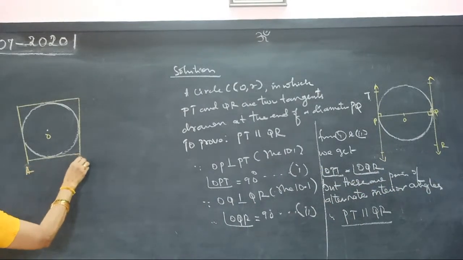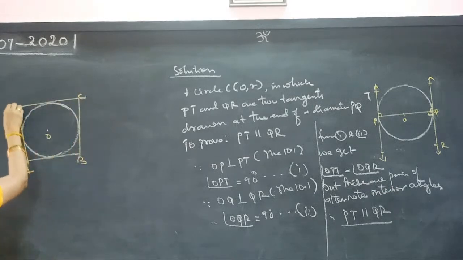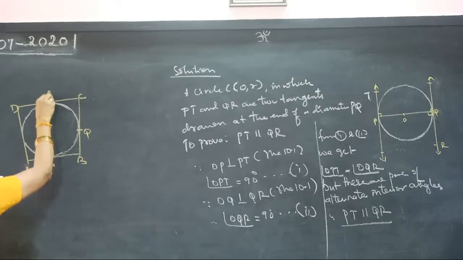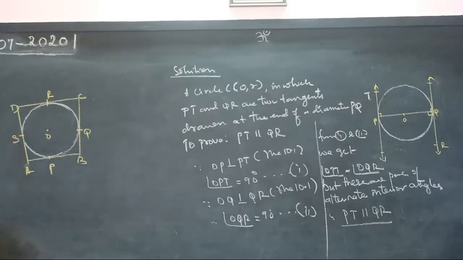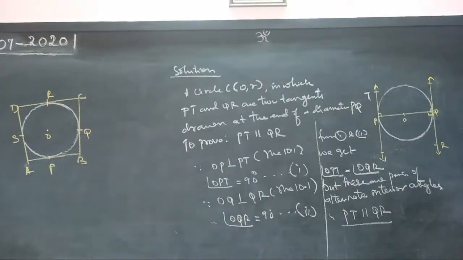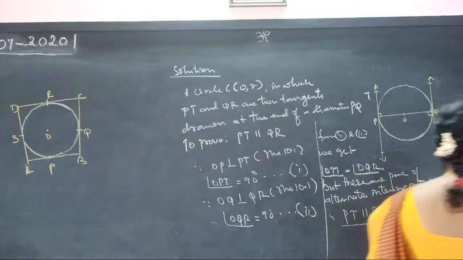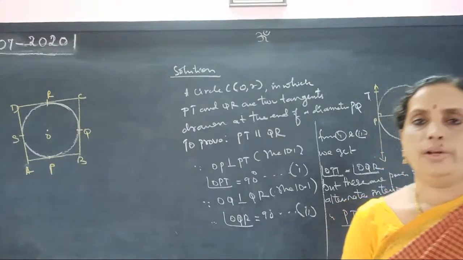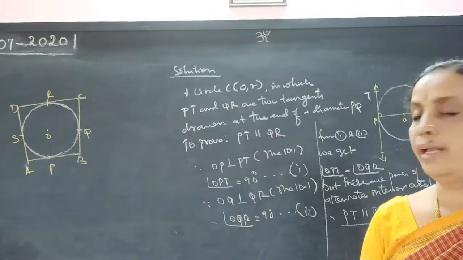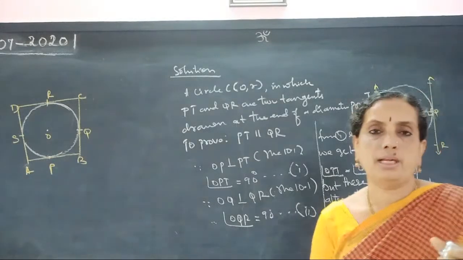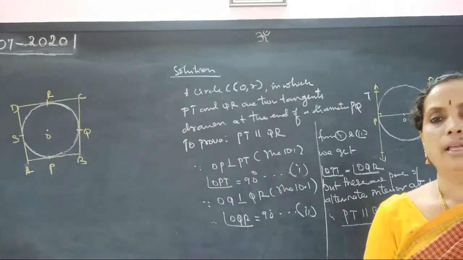A, B, C and D, P, Q, R, S. Most repeated, very important question from the textbook. Come on, take the figure. A circle circumscribed by a quadrilateral, or a quadrilateral inscribed in a circle: circle inside quadrilateral, quadrilateral outside circle. The meaning is different.